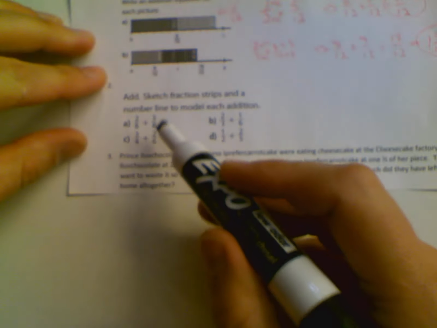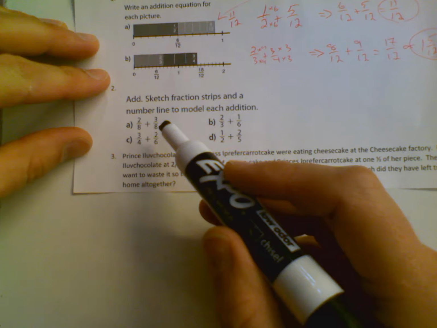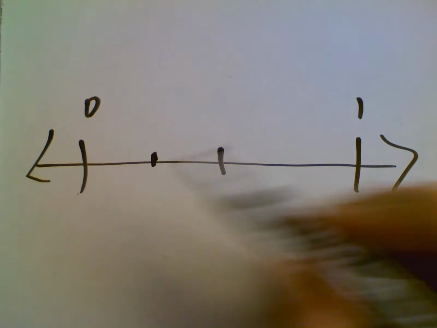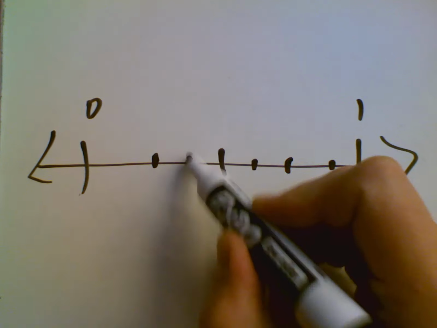So let's do these one at a time. 2/8 plus 3/8. If I were to take a number line, I have 2/8 plus 3/8 here. I have 0, 1, half, quarters, eighths, like this.